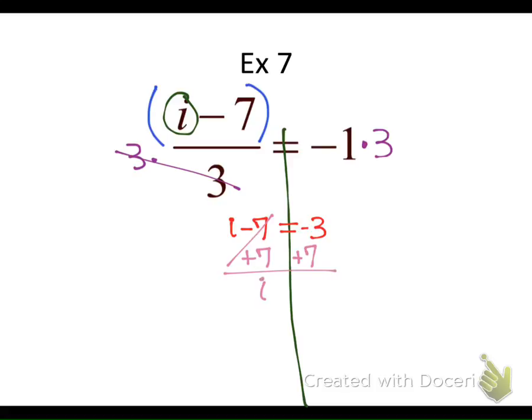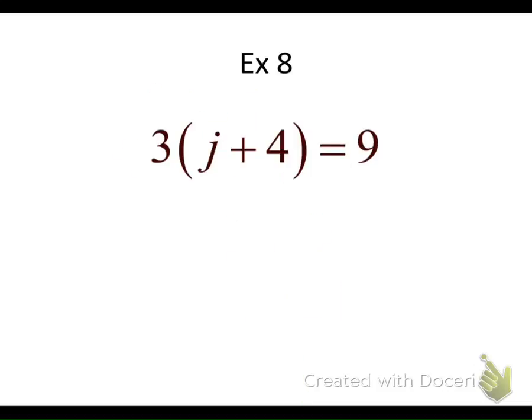So then i is going to equal -3 plus 7, which is positive 4. Good. Think about it. If you owe me $3 and you give me 7, how much money did I make off of you? All right, last one.